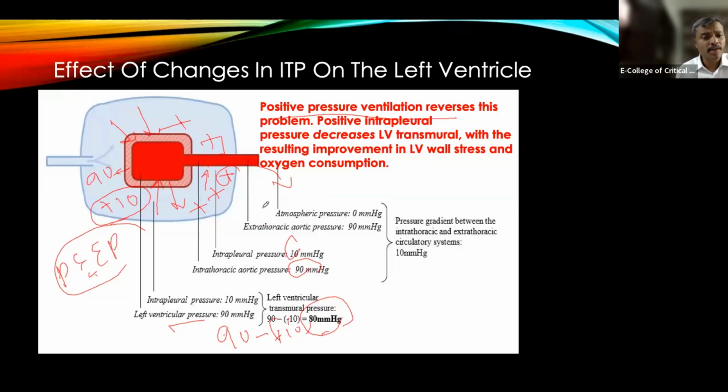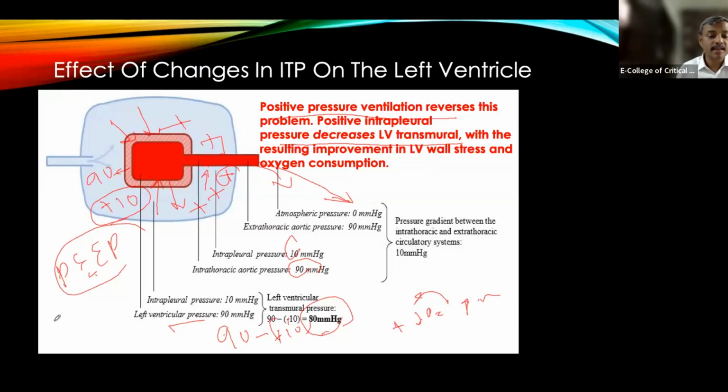The abdominal aorta will be at really low pressure, so blood will move easily from the left ventricle to the aorta, thoracic aorta to abdominal aorta. So actually you are reducing afterload. This is how positive pressure decreases the LV transmural pressure.